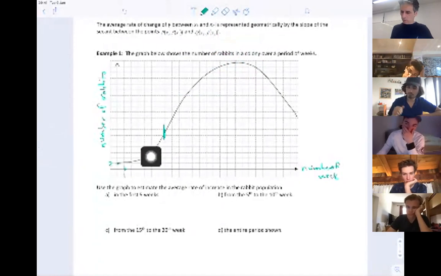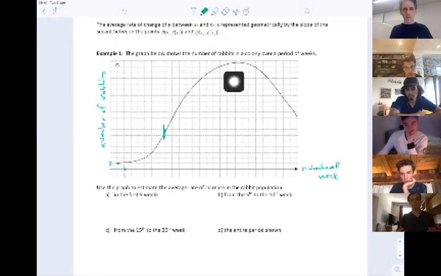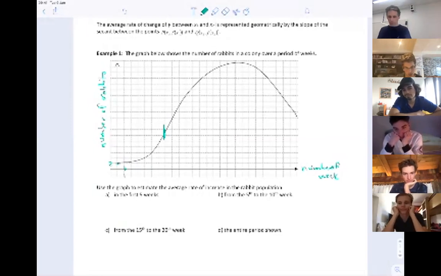Increasing rate, right? And then what happens? Increasing at a decreasing rate. And then? Decreasing. Kind of hard to tell, but it goes down. Maybe the population gets too big for the environment, and they start to die, or some predators come, like wolves or foxes, and the number goes down.